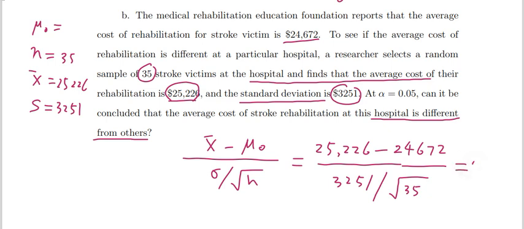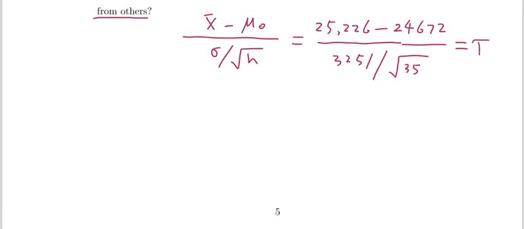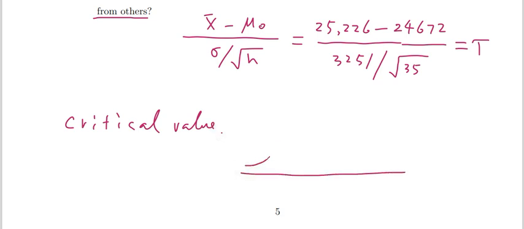So this is a t value, right? Then we determine whether this t value is big or not so big. So we need to compare it with the critical value.